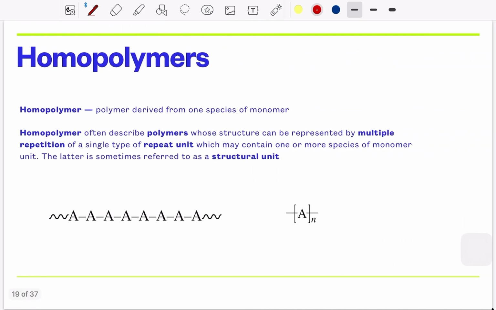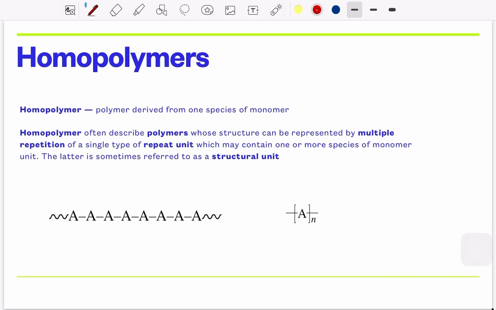Now after we know the skeletal structure, the other thing that we are going to see is homopolymers. This is just to note that this is the polymer derived from one species of monomer. So for example, A is the same as before, like polyethylene. So this we also call a homopolymer.